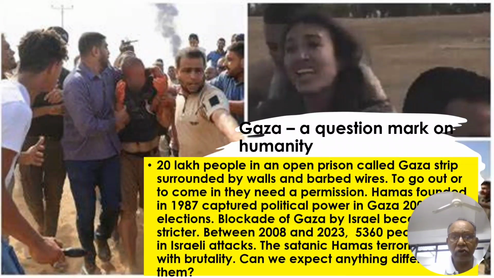The blockade of Gaza by Israel became stricter. Between 2008 and 2023, 5,360 people were killed by Israeli attacks. The satanic Hamas terrorists killed with brutality. Can we expect anything different from them?